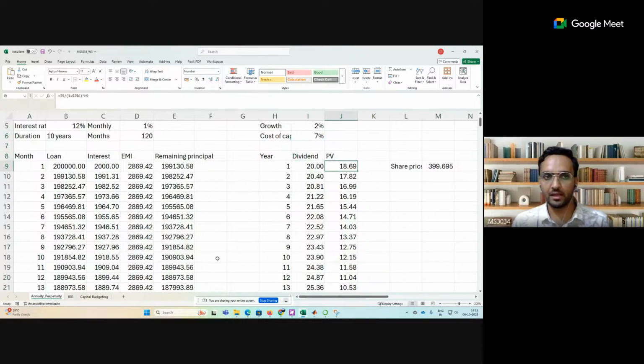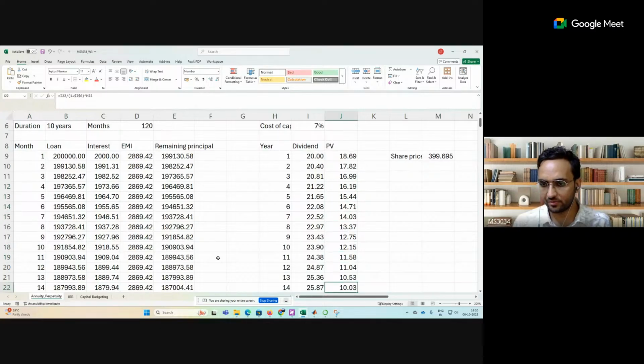That is simply the dividend discounted by the interest rate and the number of periods, so it is the dividend divided by 1 plus r to the power of the number of periods. You can see the formula here, and the present values are computed this way.